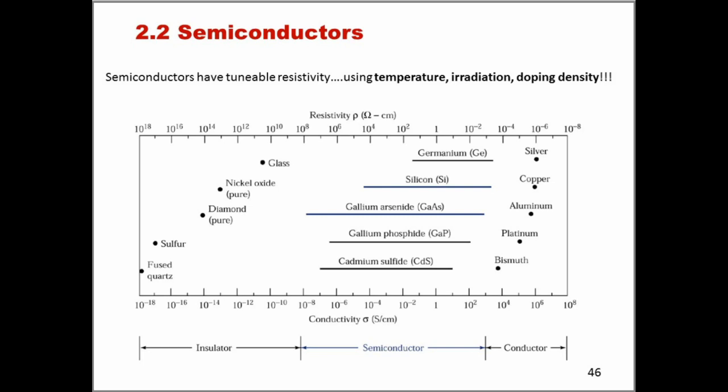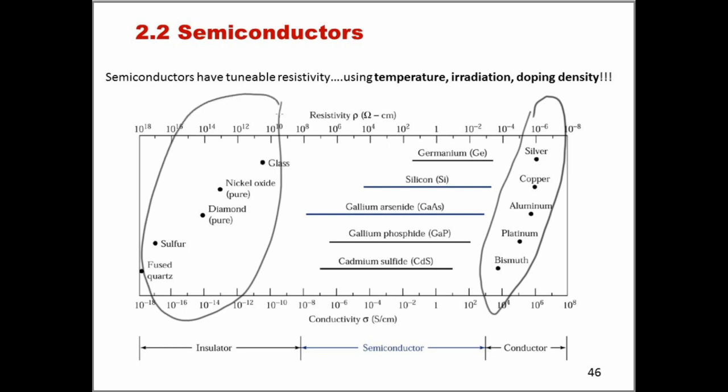This is represented very nicely in this graph, where we can see that on one hand we have metals that are conductors and that have resistivity that is extremely small, 10 to the minus 6, 10 to the minus 5, and so on. On the other hand, we have insulators that have a very large resistivity, 10 to the 10, 10 to the 12, and so on and so forth.